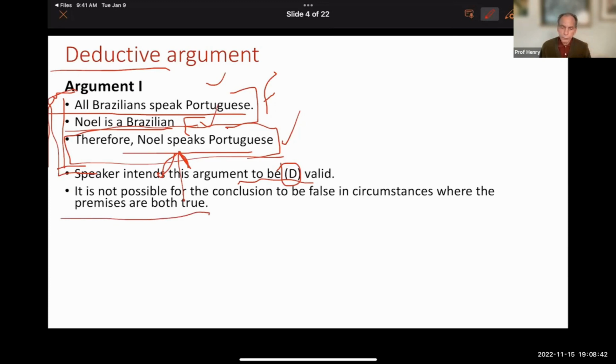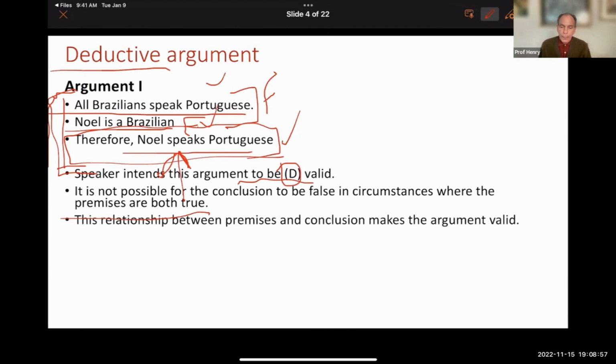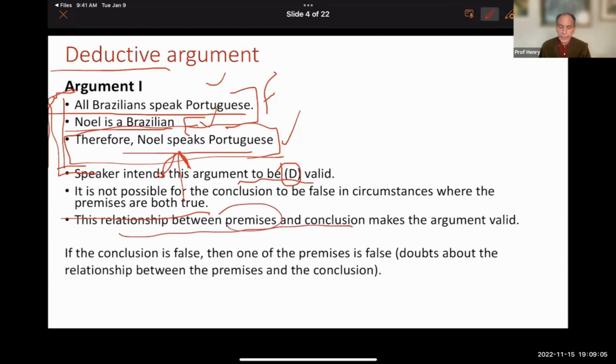If they are true, then no ifs, ands, or buts, you have for certain a true conclusion. It's the relationship between premises and conclusion that makes the argument valid. And again, if the conclusion is false, then one of the premises has to be false.